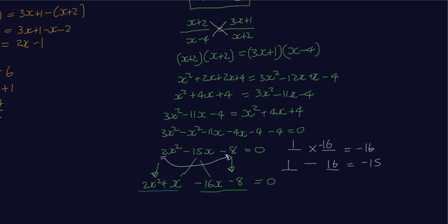So we factorize the first two, the common factor is x, so we start with x, and we are left with 2x plus 1.